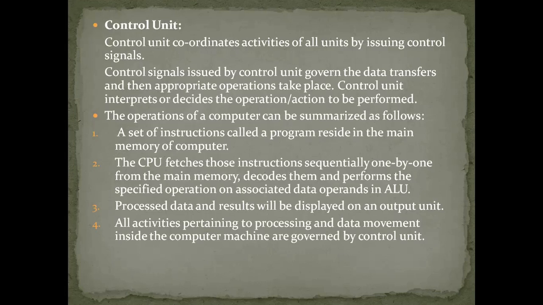The control unit generates the signals to perform data transfer and operations. It gives instructions to all other units to perform the operations, so the control unit is called the coordinator.